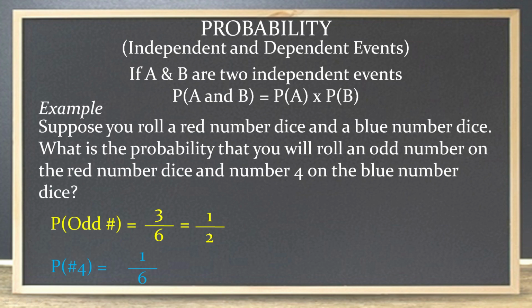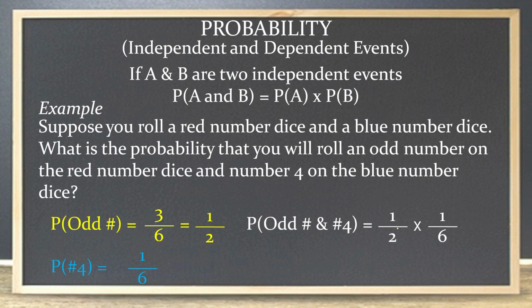So in order to find the probability that A and B will occur, we multiply the probability of A by the probability of B. So the probability of obtaining an odd number on the red number dice and number 4 on the blue number dice is equal to the probability of obtaining an odd number on the red number dice, which is 1 divided by 2, multiplied by 1 divided by 6, which is the probability of obtaining number 4 on the blue number dice.